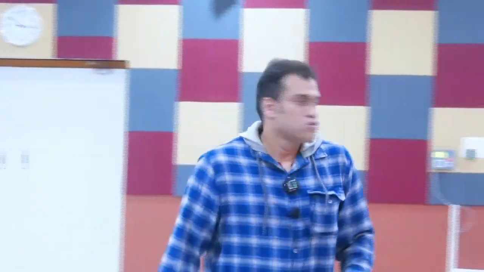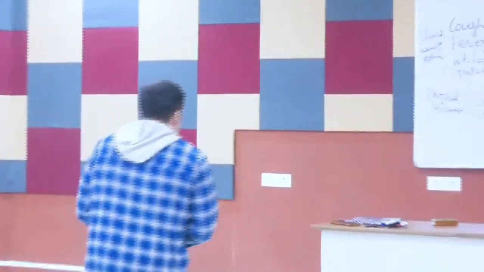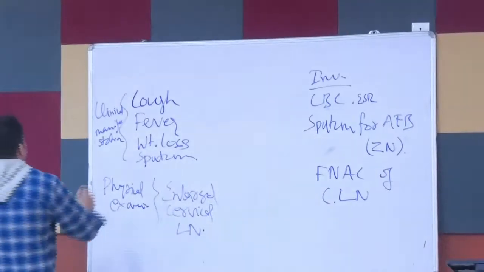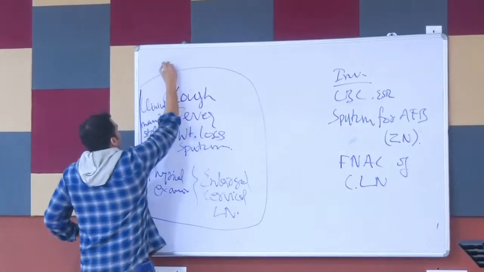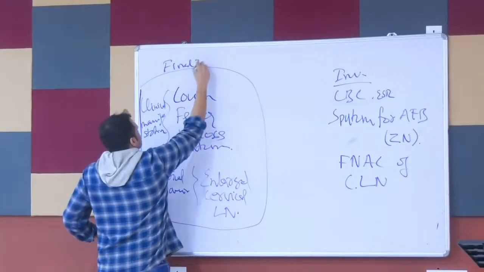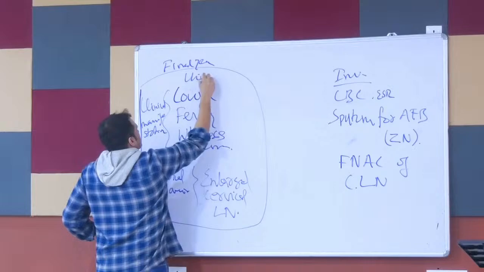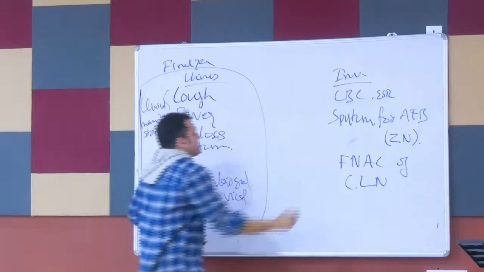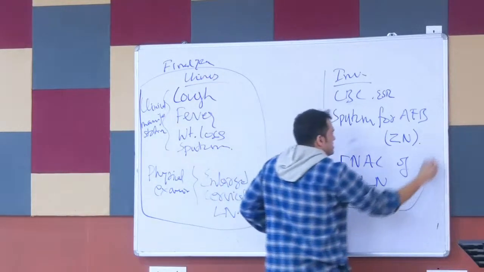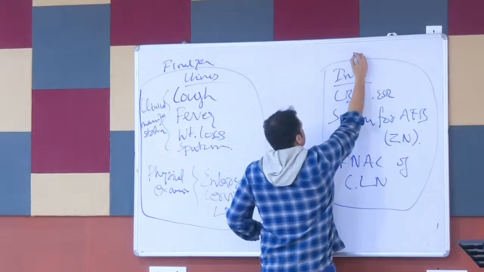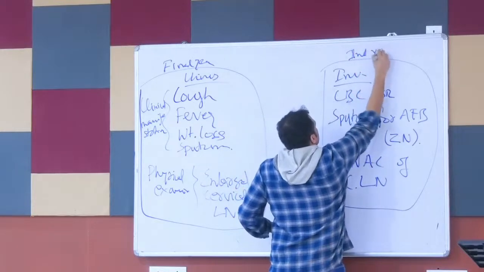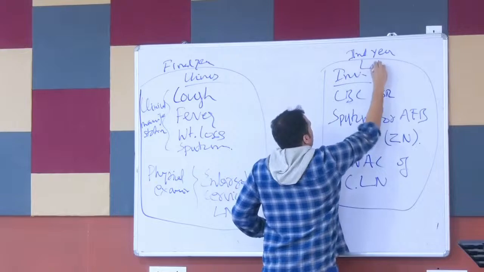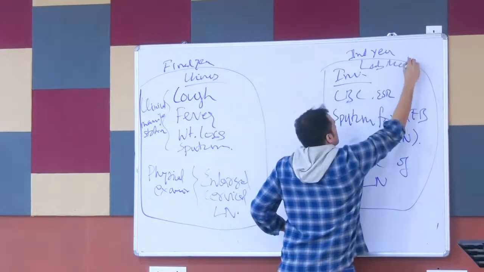So basically, this is a final year subject. For example, this thing belongs to final year, right? You'll see it in clinics. And these are all the investigations that you get in, say, second year. This belongs to lab medicine.